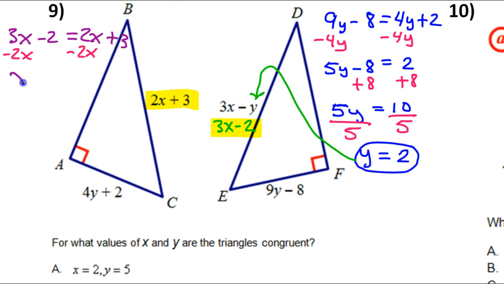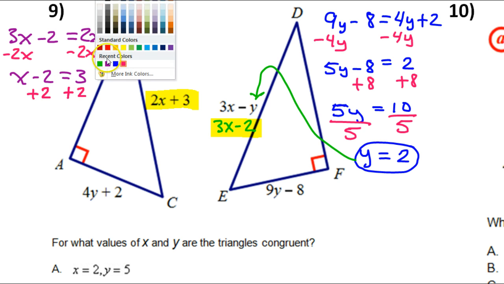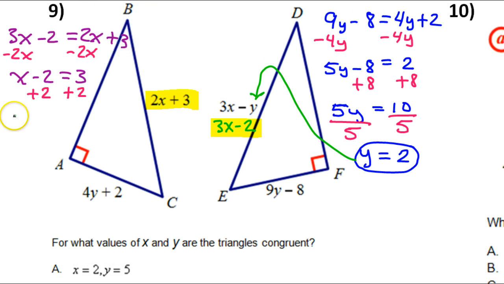So that's going to give me x minus 2 is equal to 3. Now let's get x by itself by adding 2 to both sides. And that's going to give me x is equal to 5. So x is 5, y is 2.